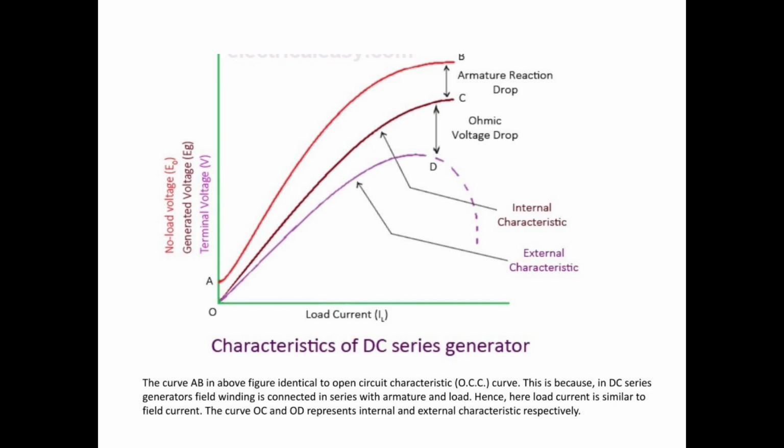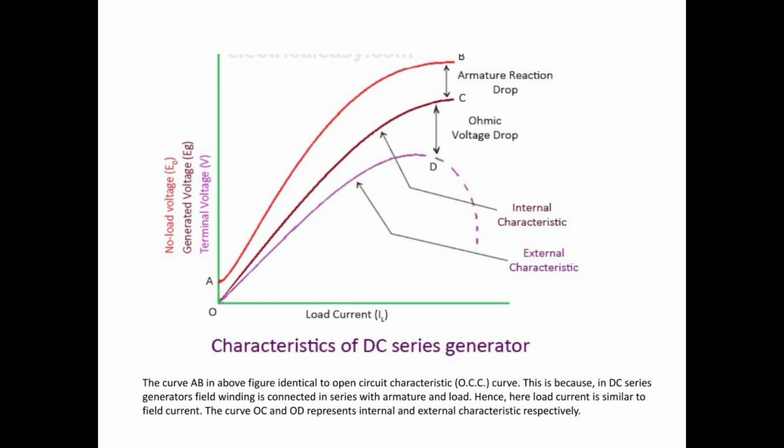So here IA equals IL equals ISC, where ISC is the field current in the series field winding. So field current is similar to load current. The curves OC and OD represent the internal and external characteristics.